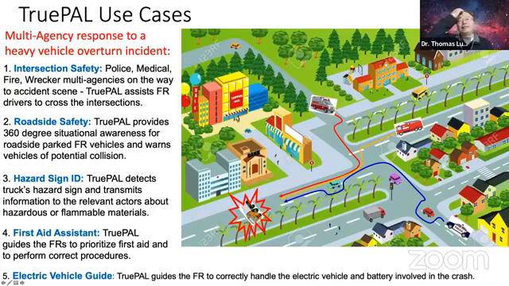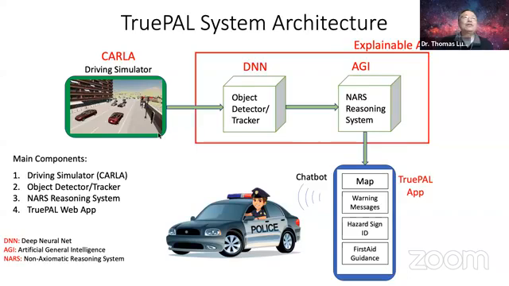Okay, so this is a very simple illustration of the system. So first we have a driving simulator because we don't want to test our system right in the street, because it can cause more accidents and crashes by itself. So we have a driving simulator. It's called Carla. This is actually a very good simulator for autonomous driving. They built this simulator. Then another part is the deep neural net.